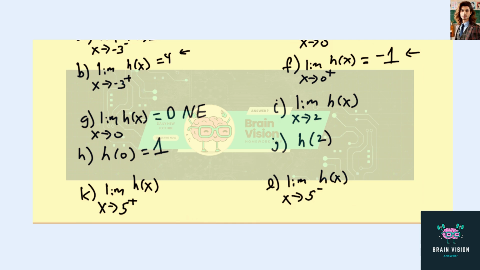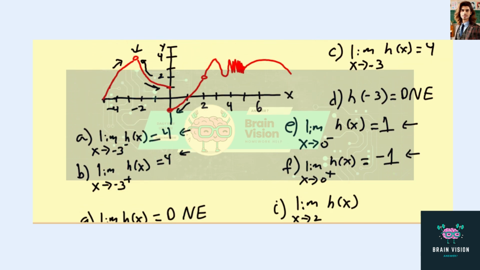Okay. Next we have I, which is the limit of this function as x approaches 2. Well, as x approaches 2, from the left we get the value of 2, and from the right we get the value of 2, don't we?